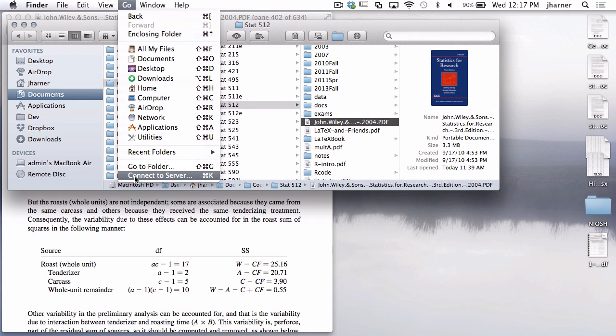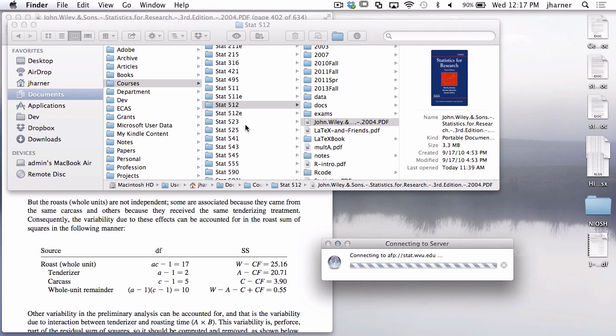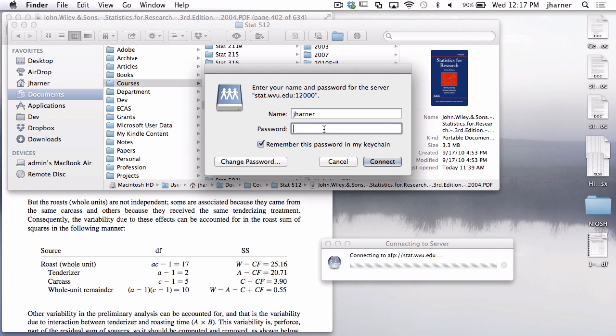So in order to do that, I need to go into the server.